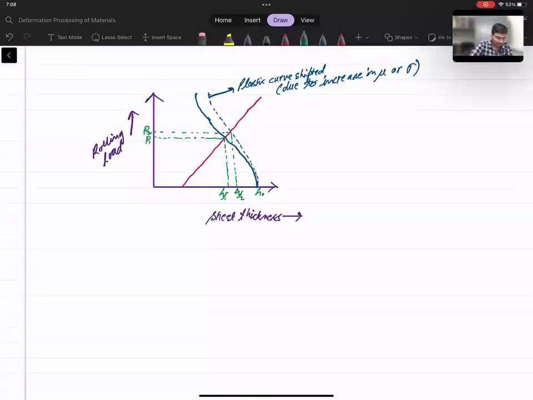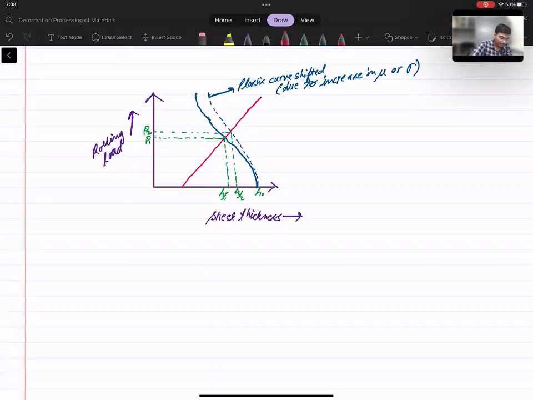Now, what we need to do in order to achieve HF1 in this particular case is that we need to shift the elastic curve toward left, so that again the intersection occurs at HF1.